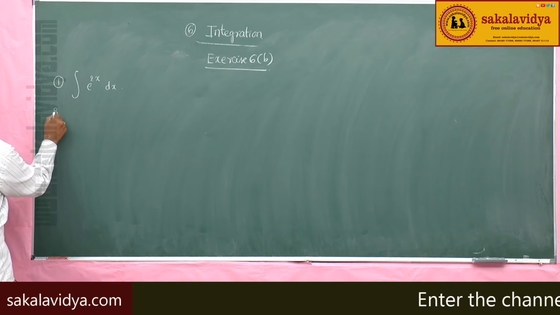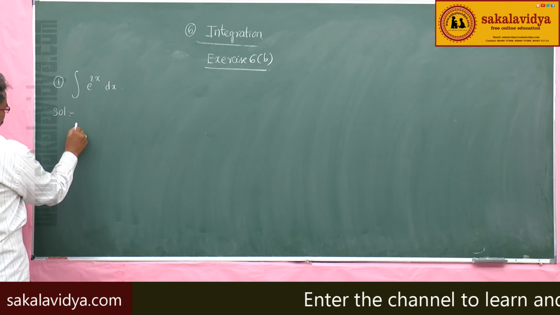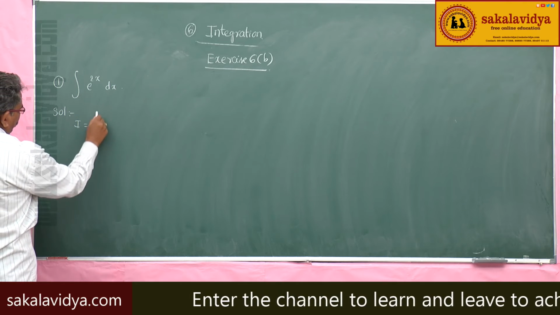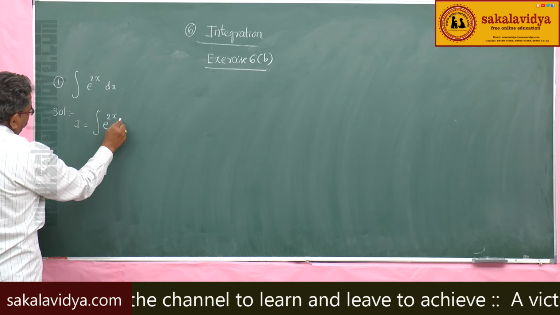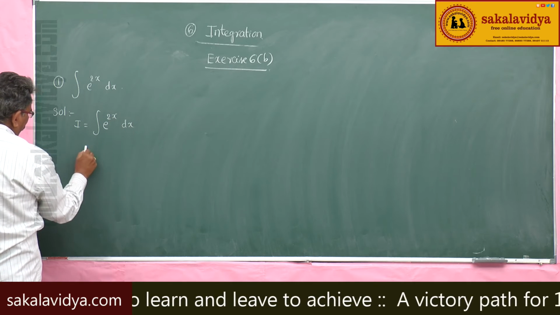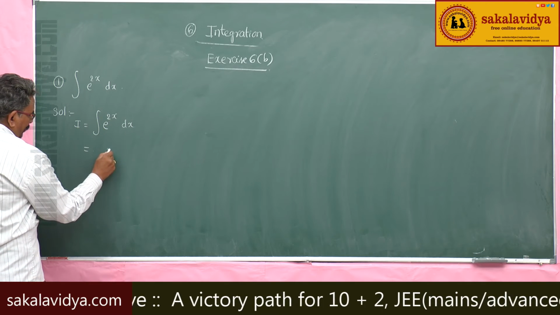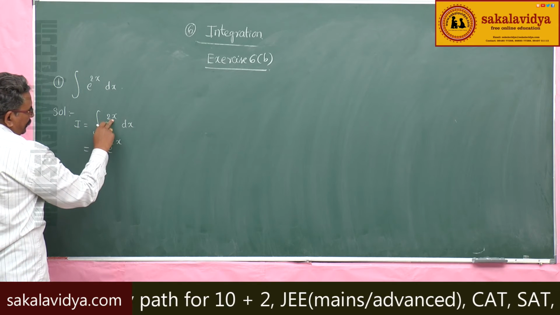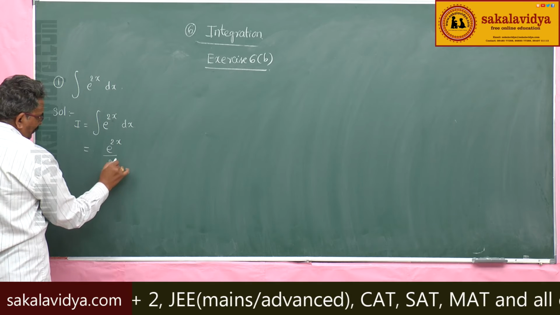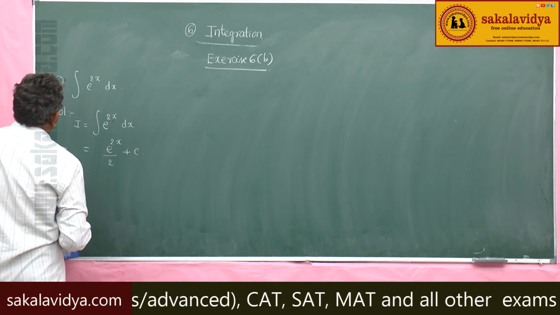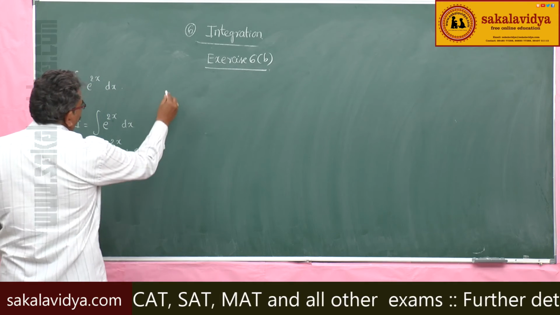Now solution. I is equal to the integral of e power 2x dx. The integral of e power 2x is e power 2x only, but the derivative of 2x is 2, so divide by 2, plus c.